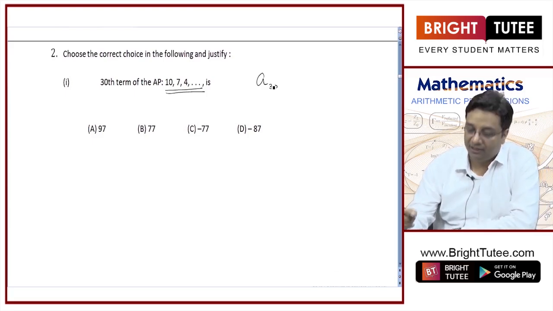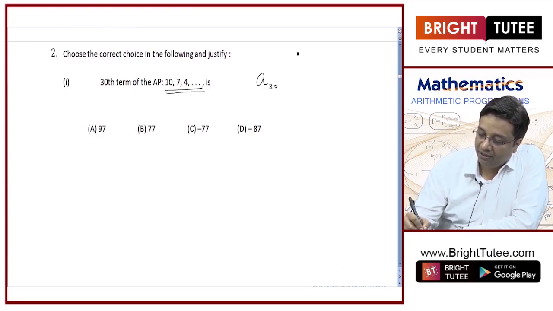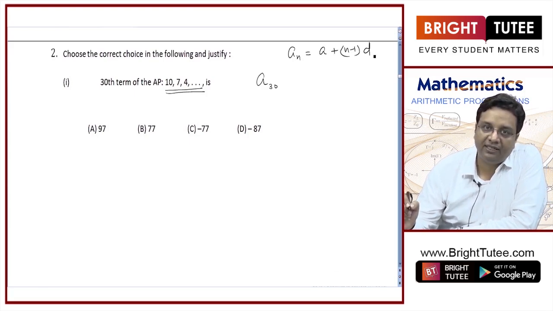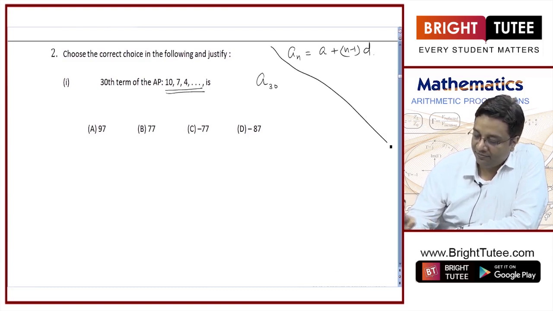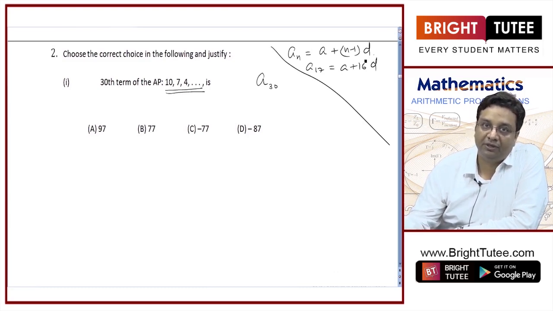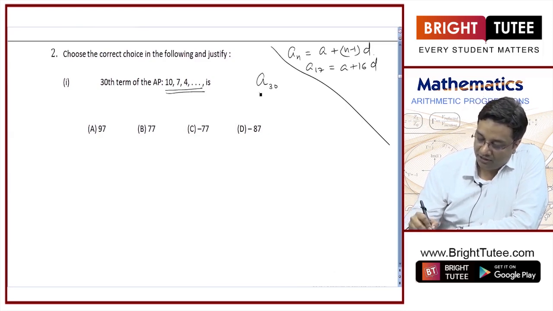As you can remember, the nth term was AN equal to A plus N minus 1 into D. So if I ask you what is the 17th term, you will say A plus 16D, since 17 minus 1 is 16. What is the 24th term? A plus 23D. What is the 30th term? A plus 29D.